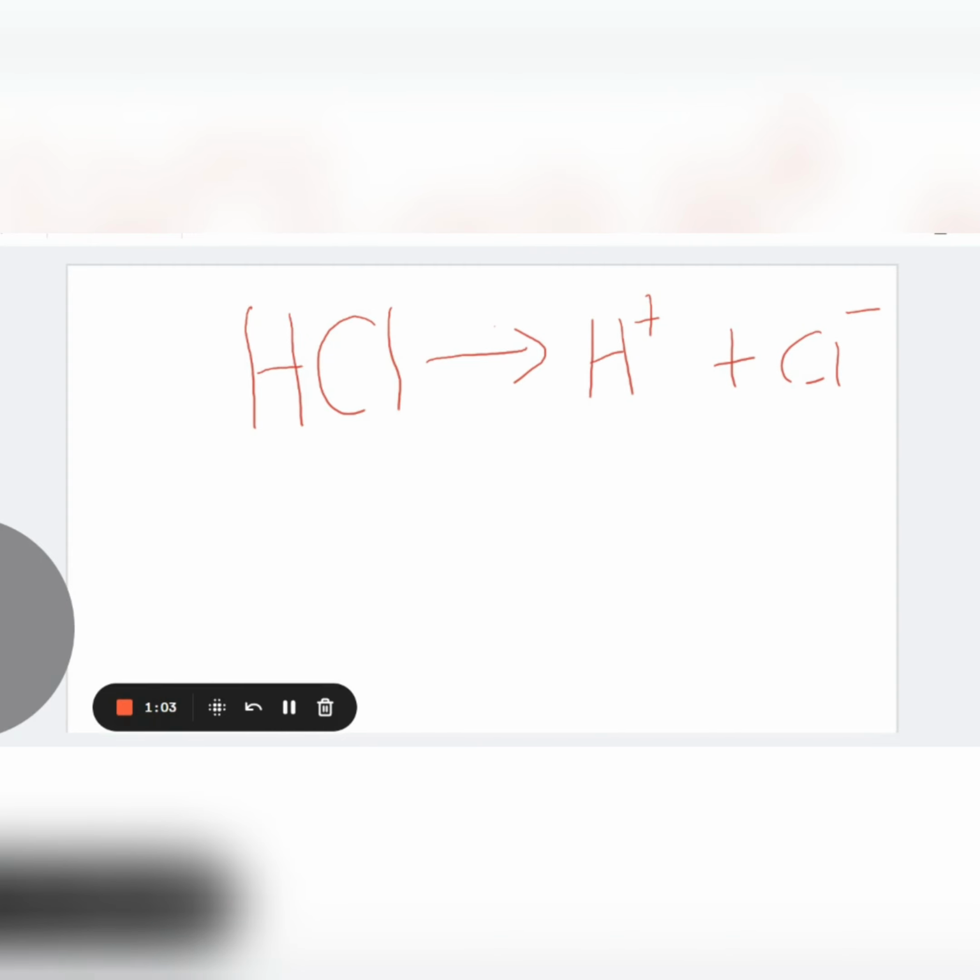If the concentration of the hydrochloric acid was 0.1 molar, we're just choosing any random number now, then we could say, because it completely dissociates, that the concentration of the proton here is 0.1 molar. And since this is a 1-to-1 ratio, the concentration of the chloride is also 0.1 molar.